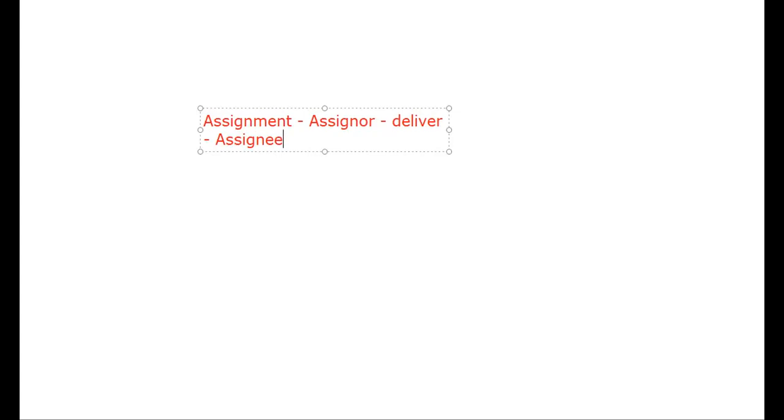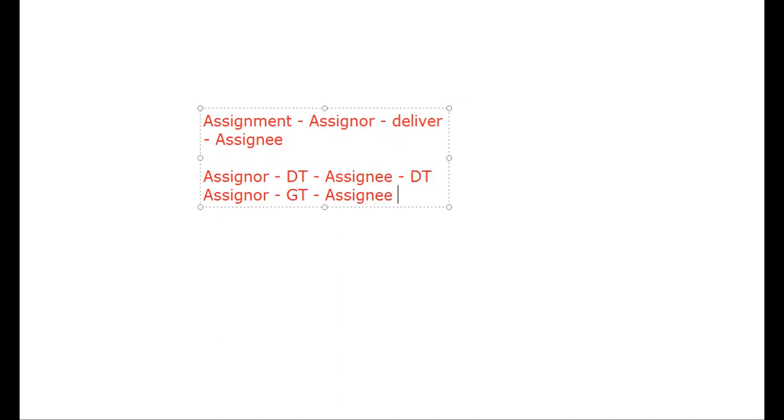So anong ibig kong sabihin nun? It means that if the assignor has a defective title, then the assignee gets a defective title. If the assignor has a good title, then the assignee will now acquire also a good title. In other words, you are just reflecting the kind of title that you have in your instrument.